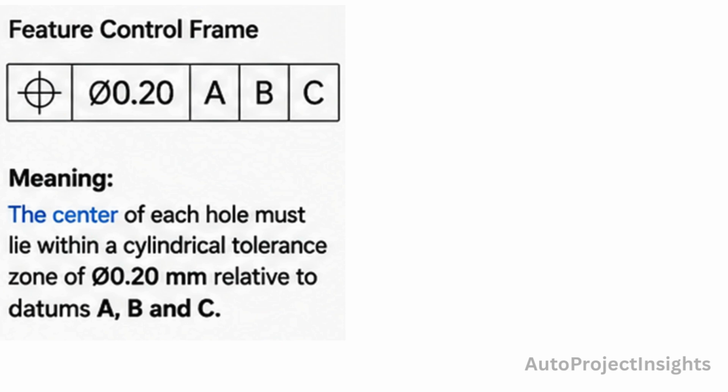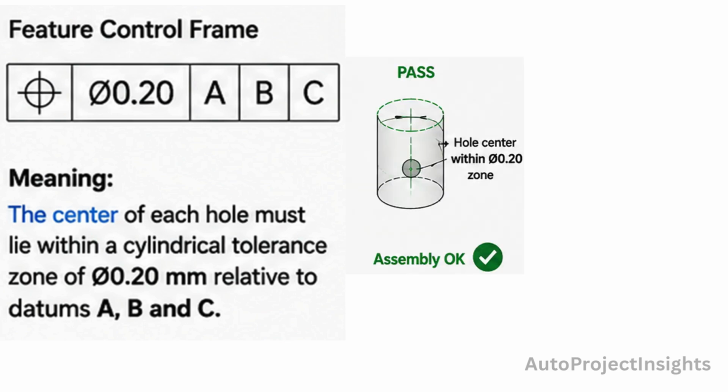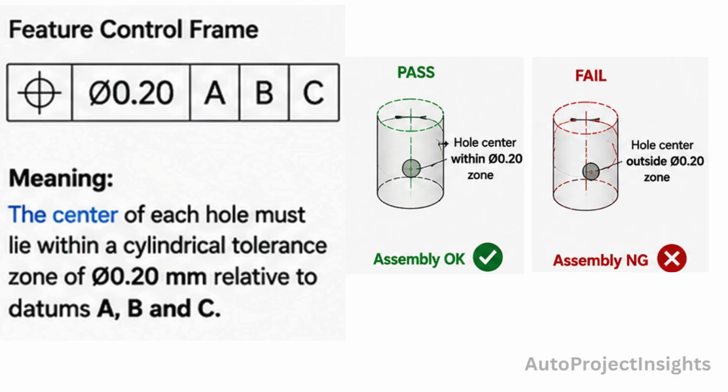If the hole center stays inside this tolerance zone, the part passes inspection, and the steering column fits perfectly. But if the hole center moves outside this tolerance zone, the part fails inspection because the bolts may not align correctly. So remember this simple rule: hole diameter tells us how big the hole is. Position tolerance tells us where the hole must be. And in automotive engineering, both are equally important for a successful assembly.